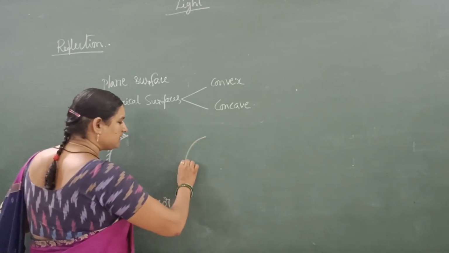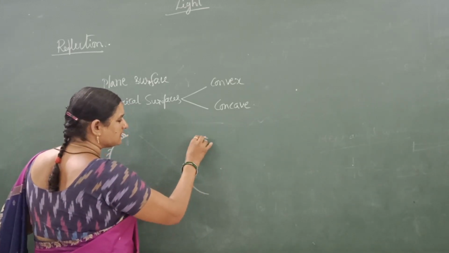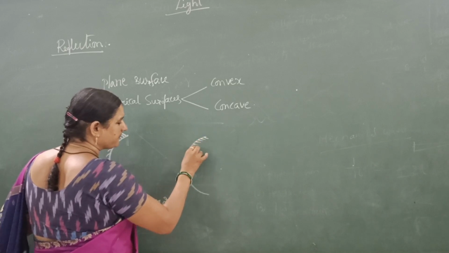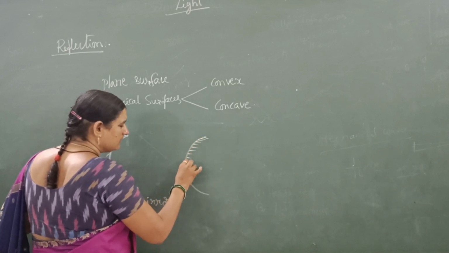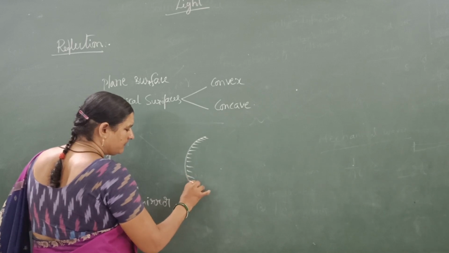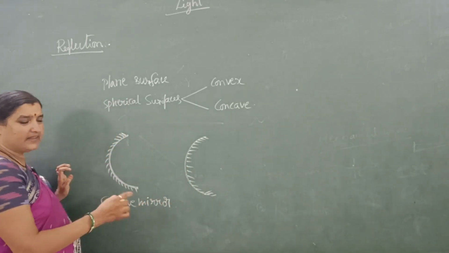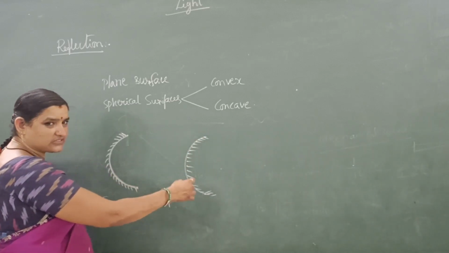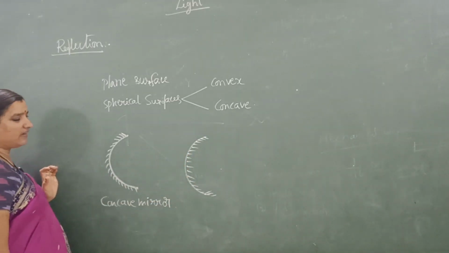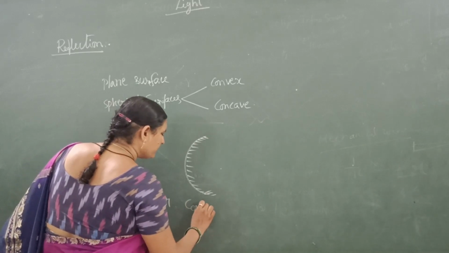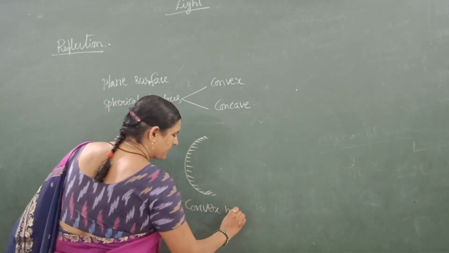In the same way, this is also a spherical surface, coated inside. Then what is the reflecting surface? The convex portion is the reflecting surface. So it is a convex mirror.